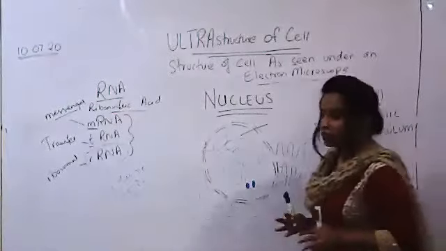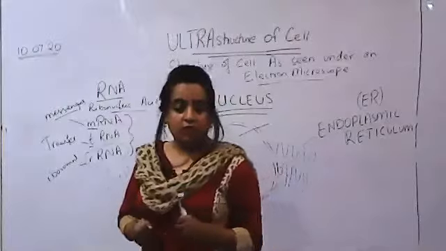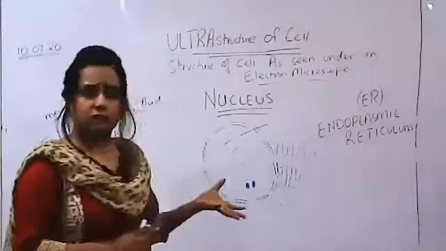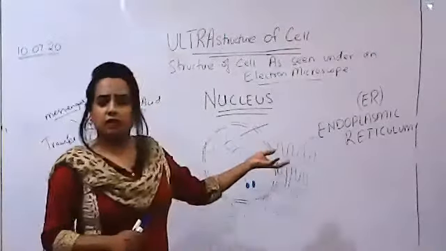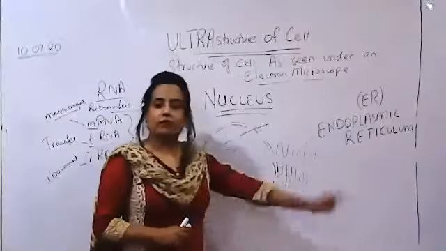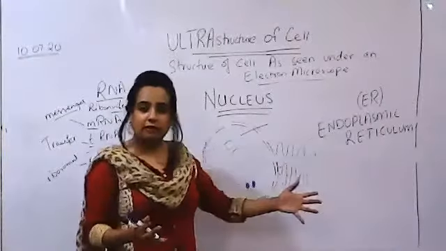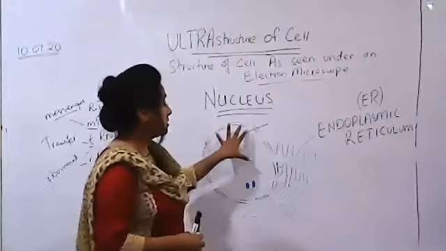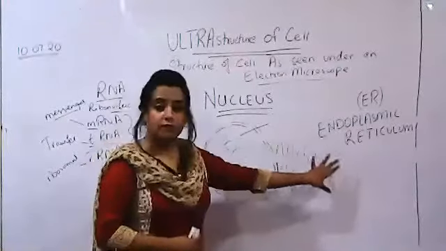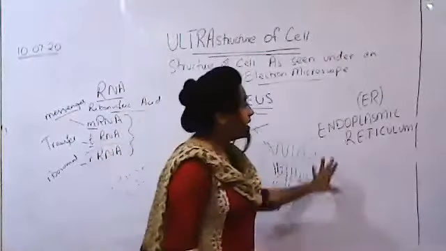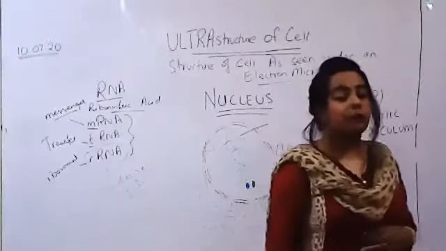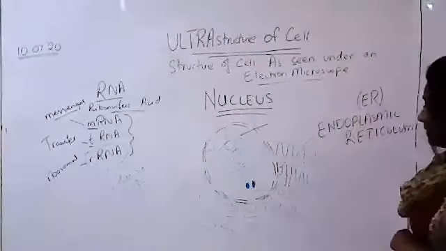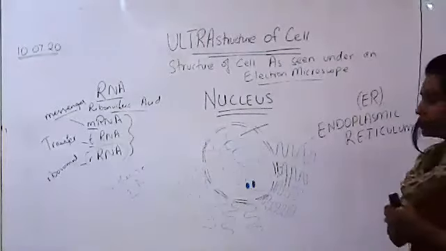ER was the last organelle to be discovered. The reason was its size. It does not contain anything. It's just a system of membranes, like the cell membrane, surrounding or covering the entire nucleus. This network of membranes is termed as ER or endoplasmic reticulum. Then there are two types of ER.